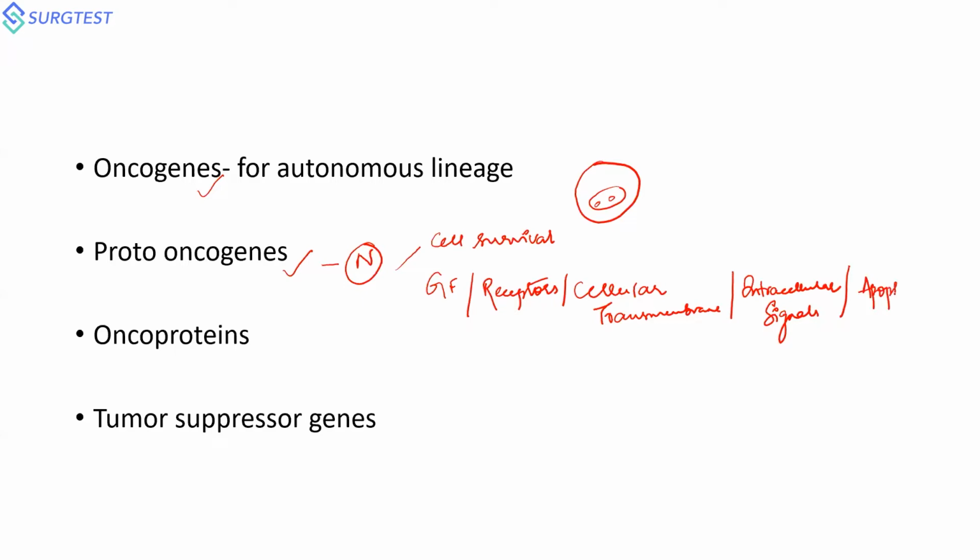These are all the normal proto-oncogenes. So for you to understand what an oncogene is, we need to know that the proto-oncogenes are the normal cellular structures which are responsible for cell survival, and they will be in the form of growth factors, their receptors, transmembrane signaling molecules, the intracellular signaling structures, the nuclear transformation or proliferating signals, and finally the apoptotic regulating signals.